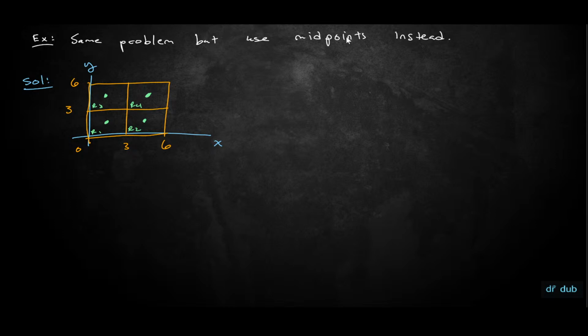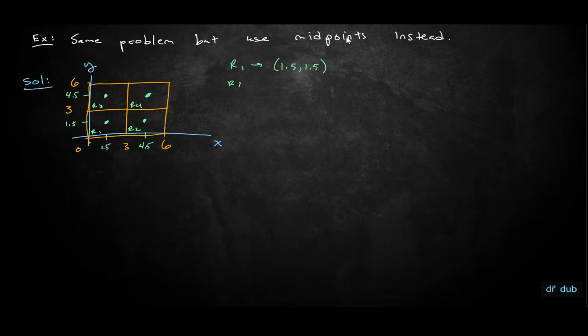So what are these midpoints? Well, for the first rectangle, the midpoint is going to be 1.5, comma 1.5. All right, it's halfway between 0 and 3 in each direction. So this is like 1.5. Same here, 1.5. Up here is 4.5. Over here is 4.5.